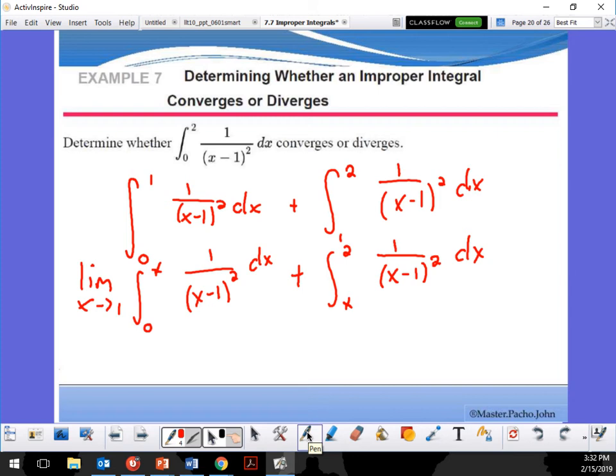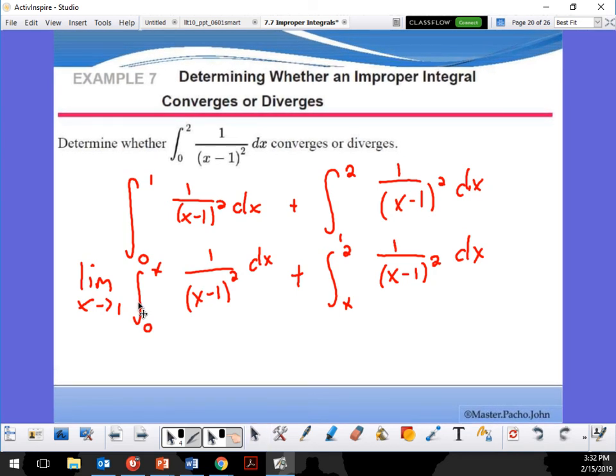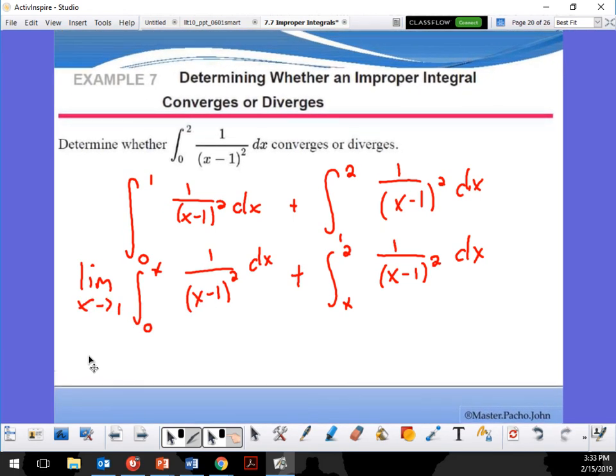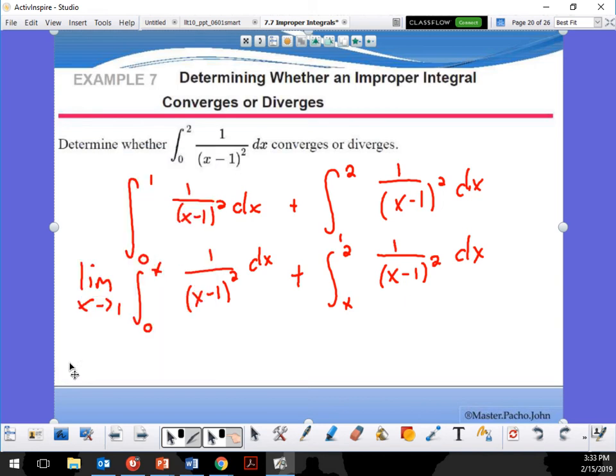Is it squared? No. What's your u sub going to be, by the way? x minus 1, so then you have a 1 over u squared, which is u to the negative 2, which you can apply your anti-power rule there, no problem. Thank you. Ah, okay, doesn't want to do it. That's all right. We'll just go to the next page.